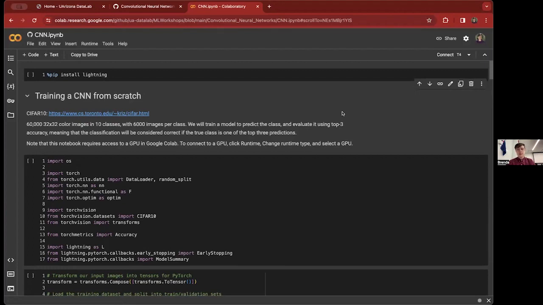Right now, I would not recommend running everything because I've already run everything, and all of the output that we're going to be interested in is already in these code cells, the code blocks. I highly recommend playing with this later, but one thing to note is this Jupyter Notebook requires access to a GPU to train these models. As we start to get into these models that have more parameters, it's just going to take too long to run on the CPU.